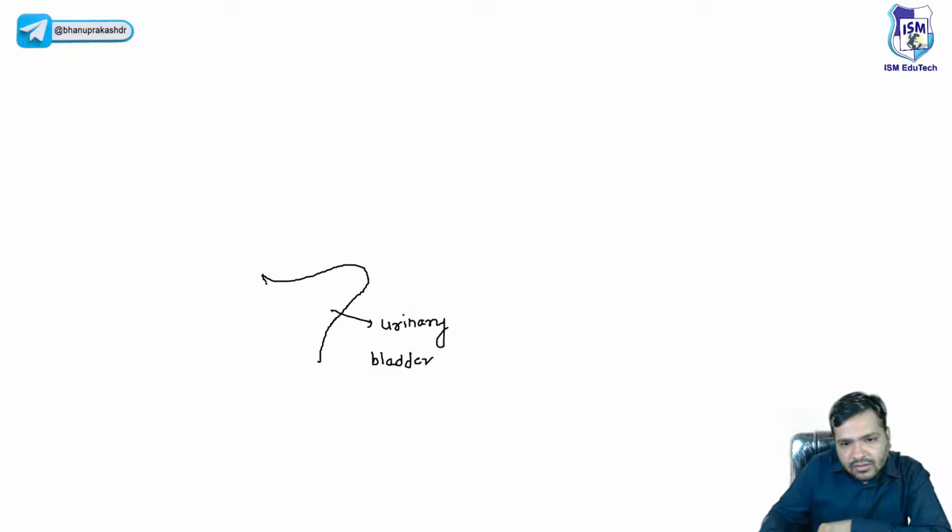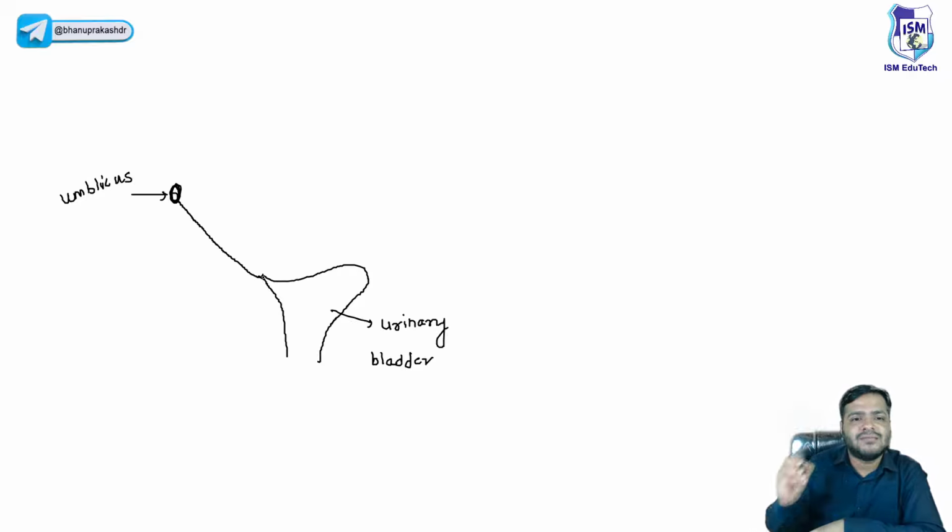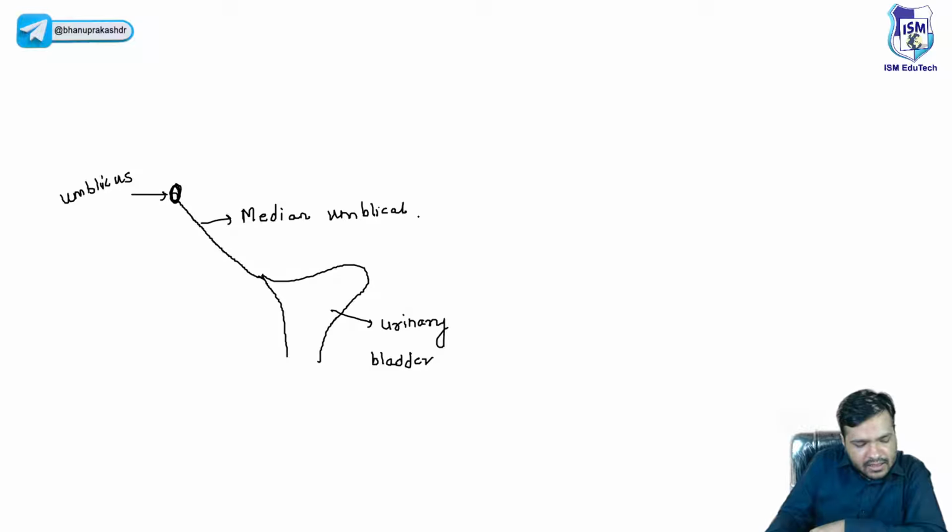And remember guys, if suppose this is the umbilicus, and this umbilicus is attached to the apex of the urinary bladder with the help of a ligament, and that ligament is called the median umbilical ligament. I've already told you, median umbilical ligament.